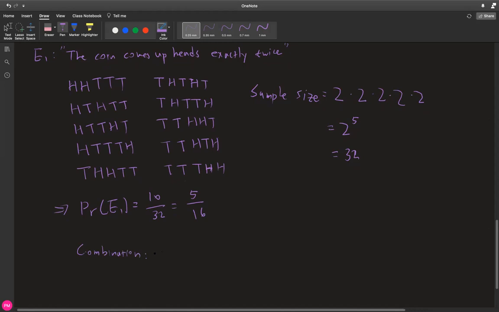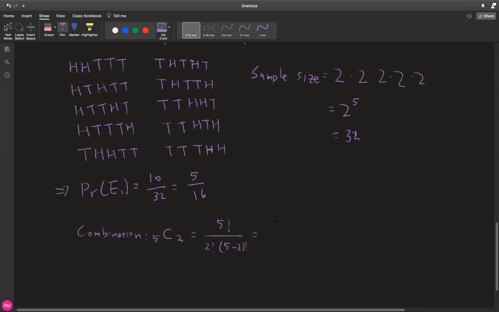Combination in this case would be, out of 5 tosses, you want 2 to be heads. So it's going to be 5 factorial over 2 factorial times 5 minus 2 factorial. And simply that's going to be 5 factorial over 2 factorial multiplied by 3 factorial.